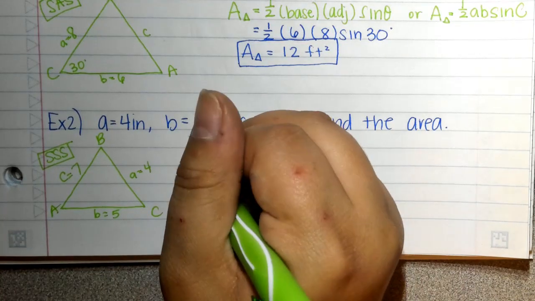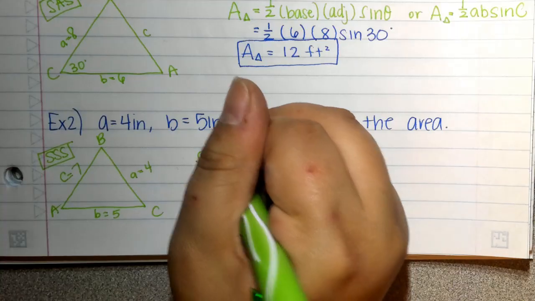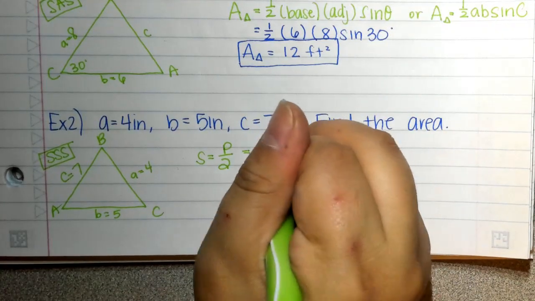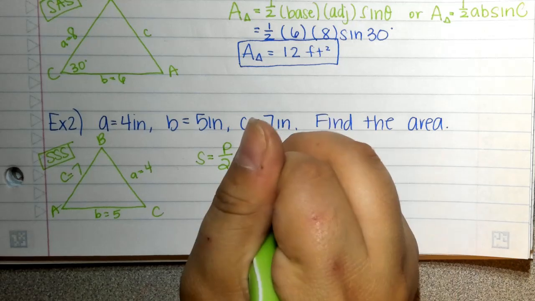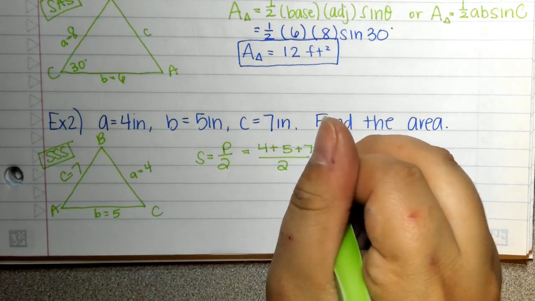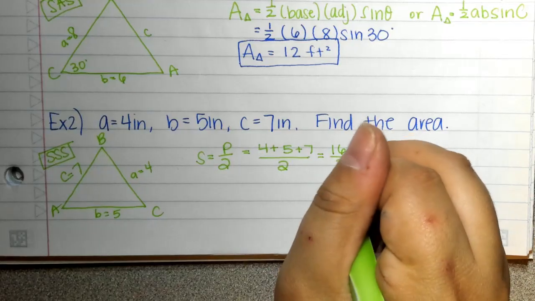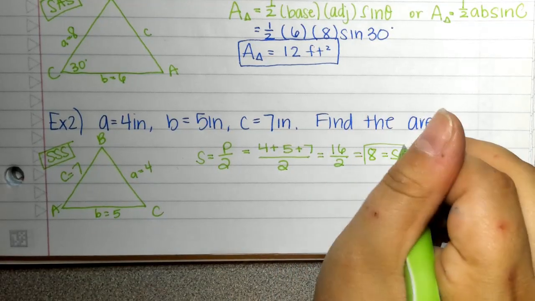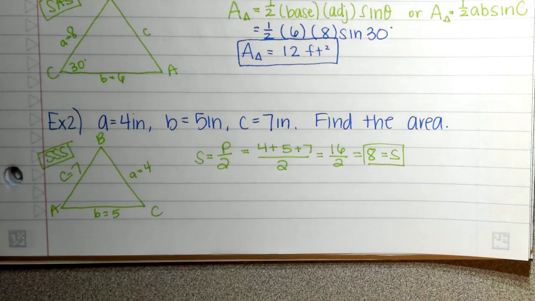Find the S. So remember, to find S, I'm going to do perimeter divided by 2. Or 4 plus 5 plus 7 divided by 2, which is 8.